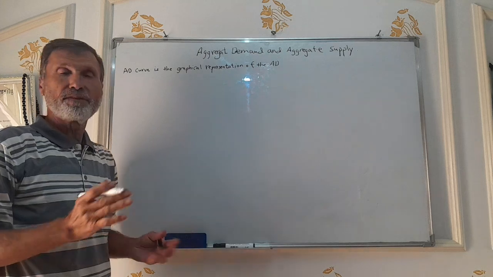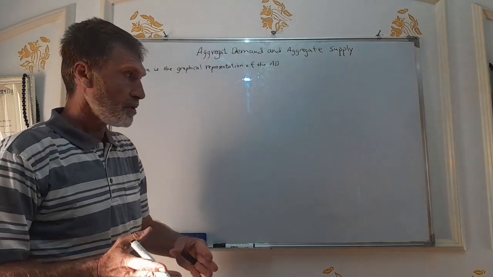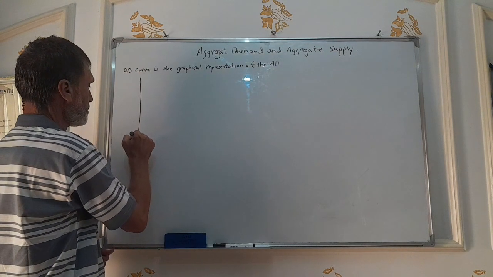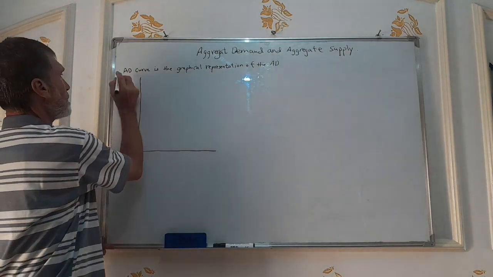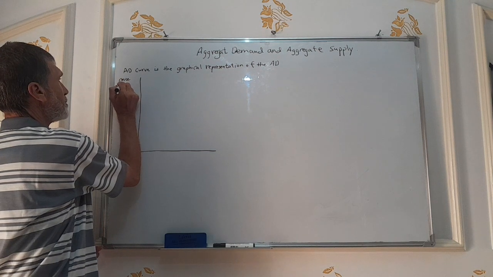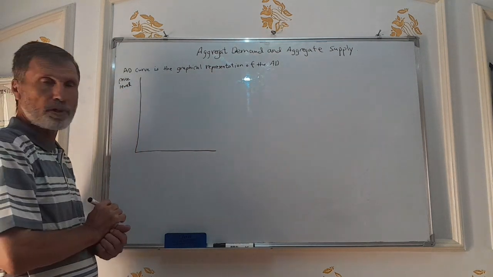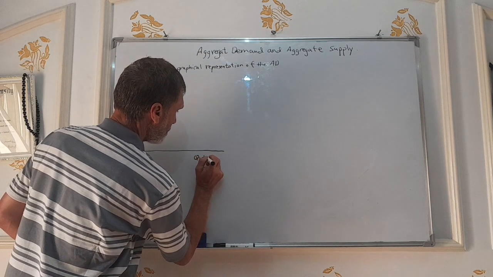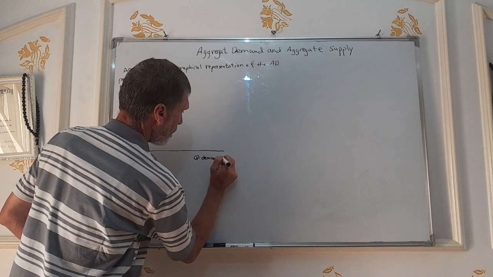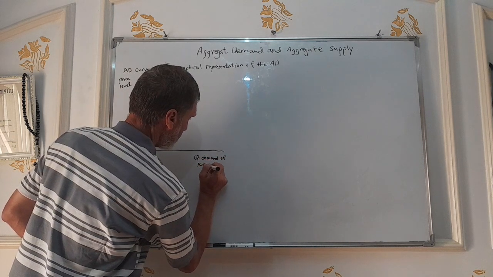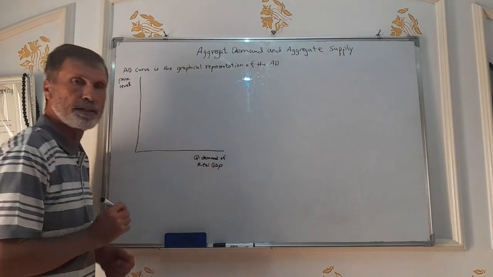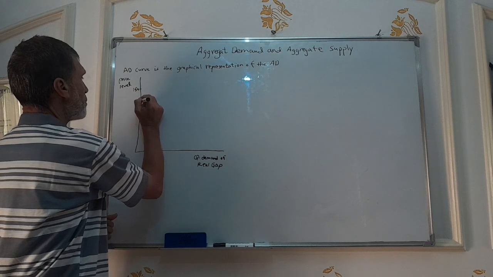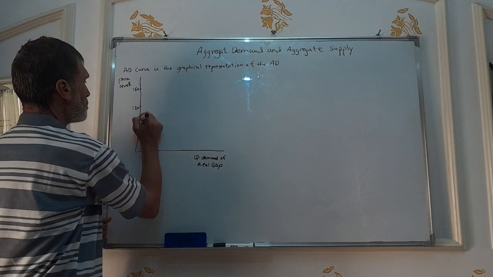So we can graph the aggregate demand curve. Remember, from the previous table, graphically, we can put the price level here, and we can have here quantity demanded of real GDP. Remember, we have 150, 120, 100.